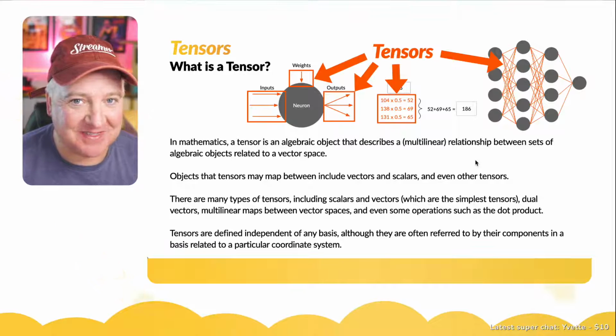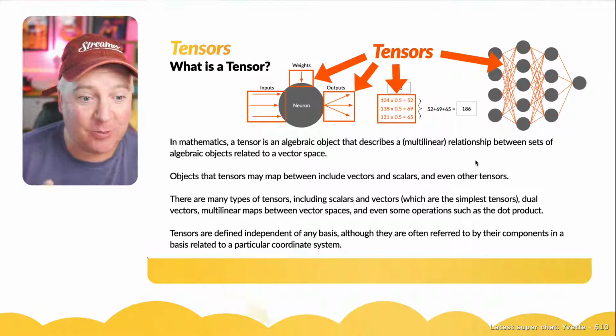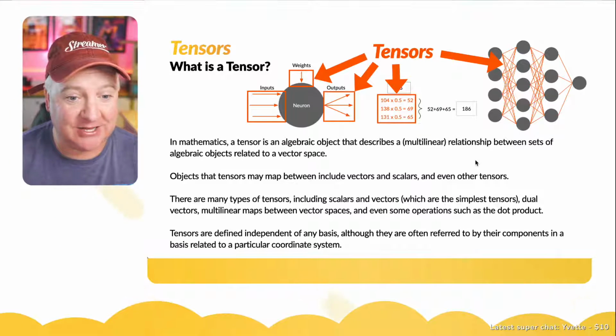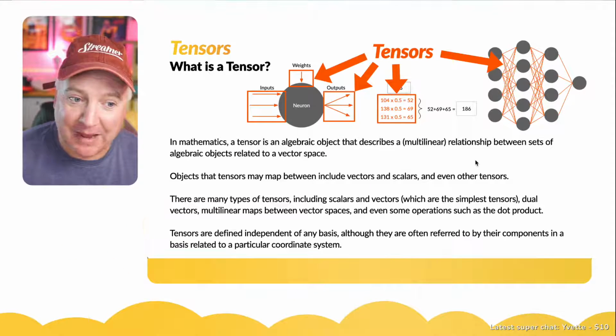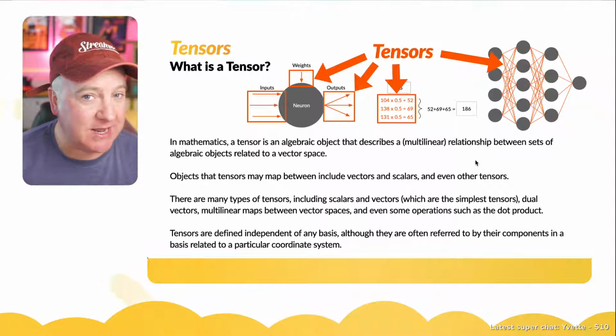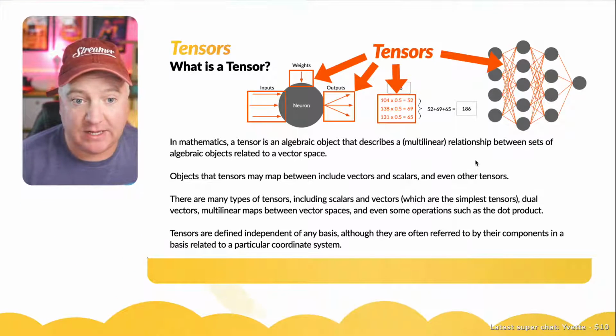As the description there very eloquently says, in mathematics, a tensor is an algebraic object that describes a multilinear relationship between sets of algebraic objects related to a vector space. That's quite a mouthful and quite a lot to unpack there, but essentially it's just arrays of numbers that we can perform operations on.